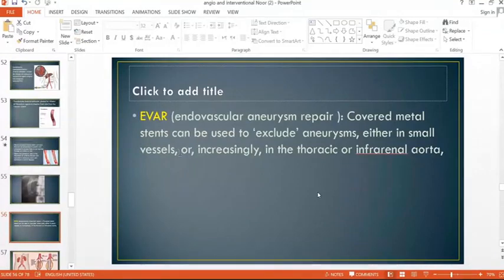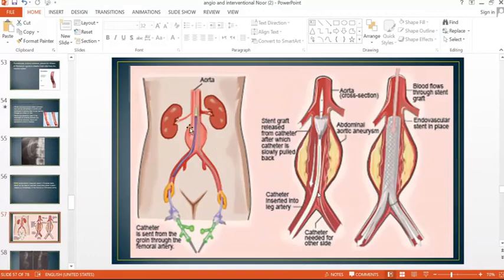We have also what is called EVAR, or endovascular aneurysm repair. Somewhat similar to stent, covered metal stents can be used to exclude aneurysm, either in small vessel or increasingly in the thoracic or infrarenal aorta. In EVAR, this is the aneurysm.